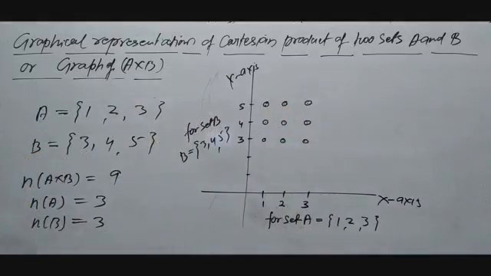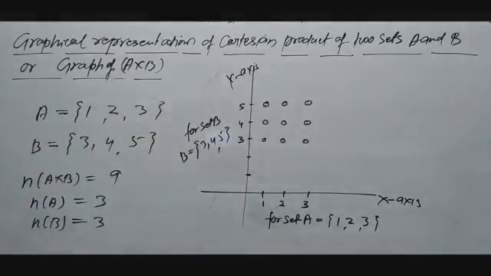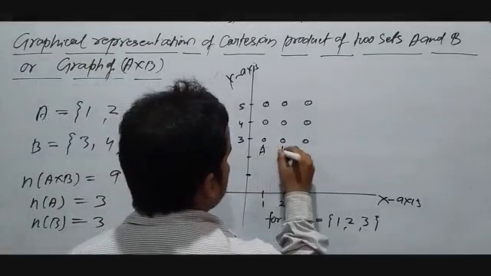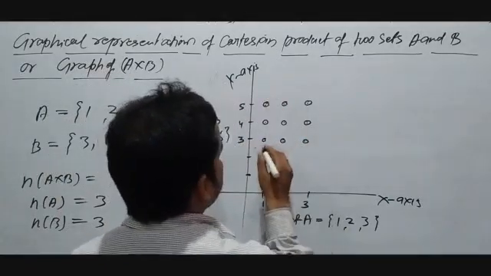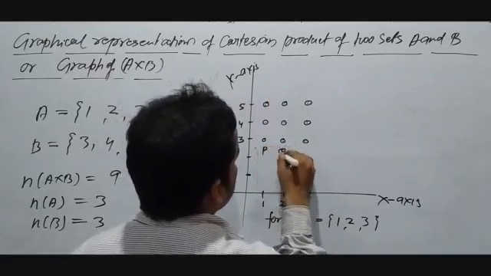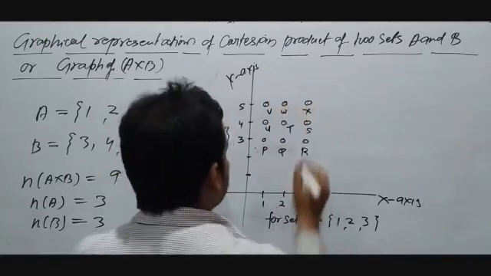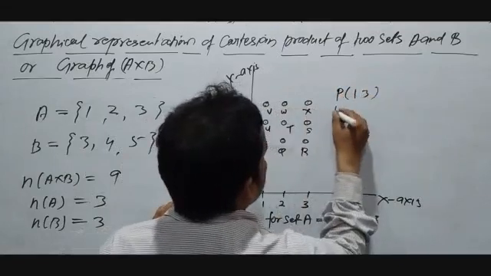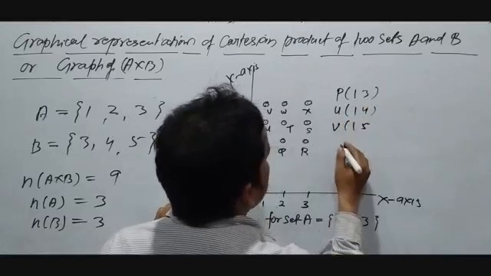Now this is the graphical representation of two non-empty sets, capital A and capital B. And suppose the points are P, Q, R, S, T, U, V, W, X. Now point P is (1, 3), U is (1, 4), V is (1, 5).